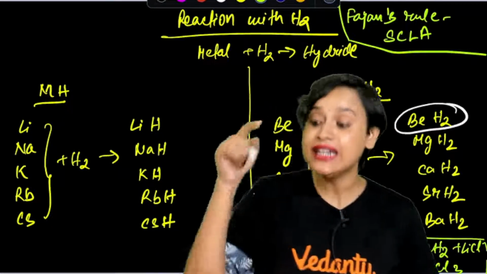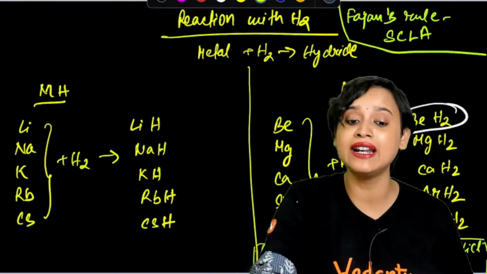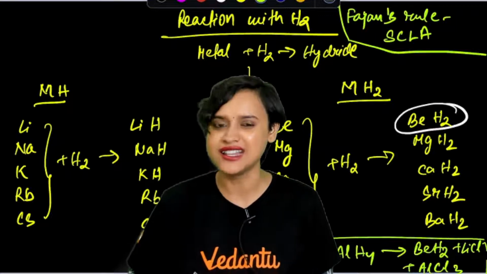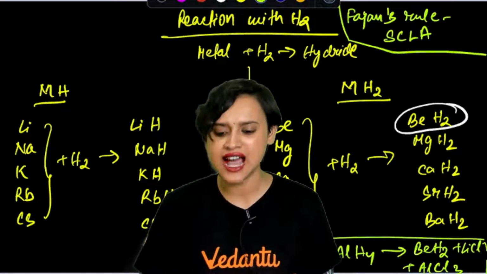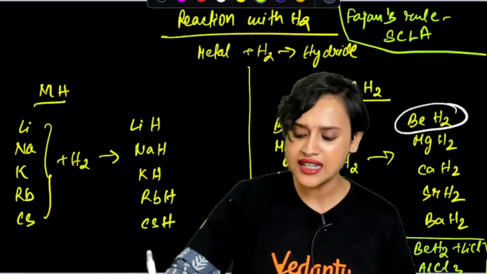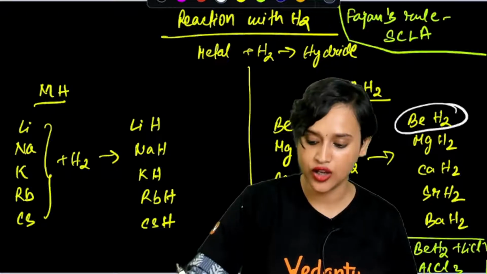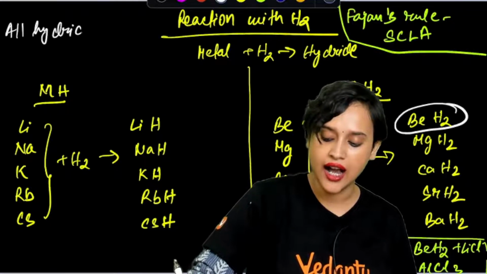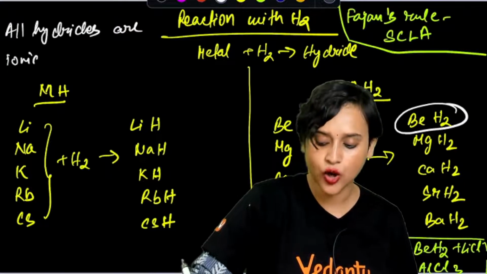But in case of these group 1 and group 2 hydrides, these are not small. They are in fact the largest in size. So we say that all hydrides are ionic compounds.